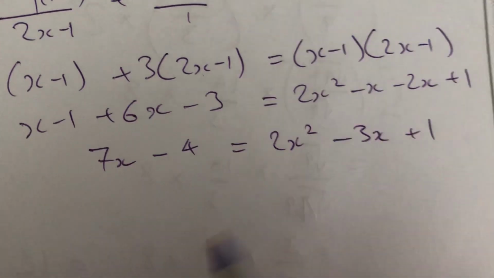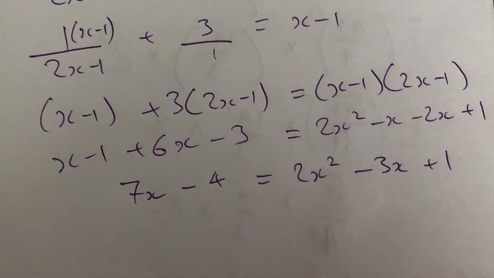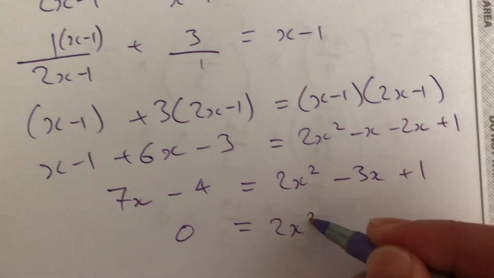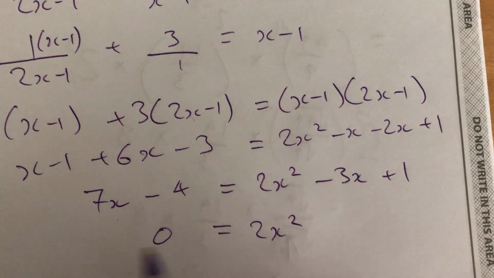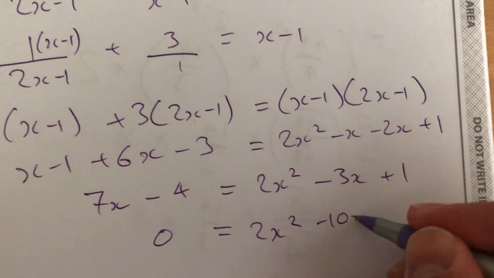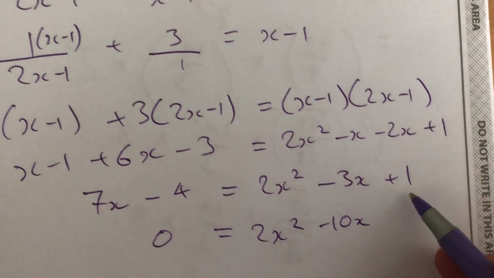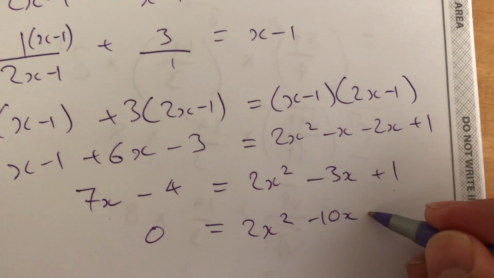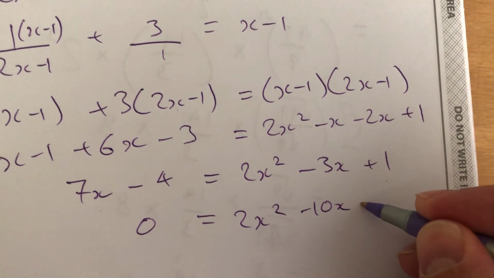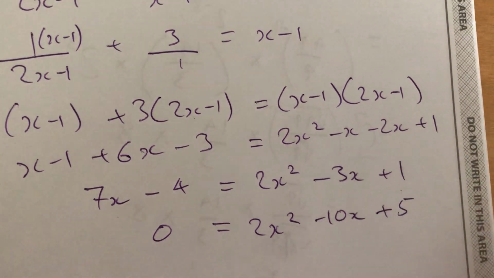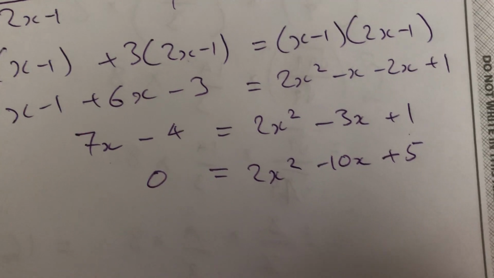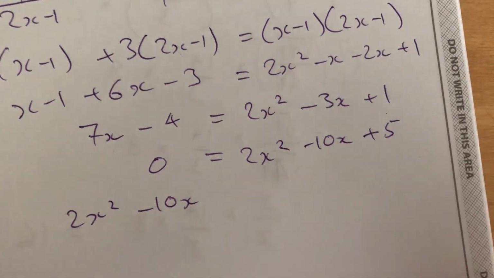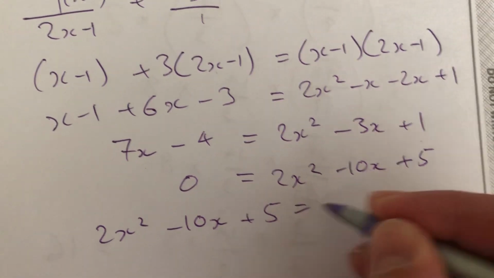Bring it all together, move it to the side, it doesn't actually make a difference. I'll leave it there for now and then I'll move it to the side. 2x squared minus 3x minus 7x, minus 10x, plus 1 plus 4 is plus 5. So now I've got 2x squared minus 10x plus 5 equals 0.